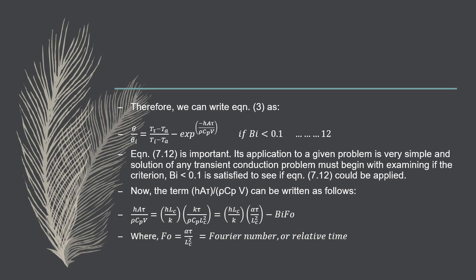Here Bi is hLc/k and Fo is ατ/Lc², where Fo is the Fourier number, or relative time.